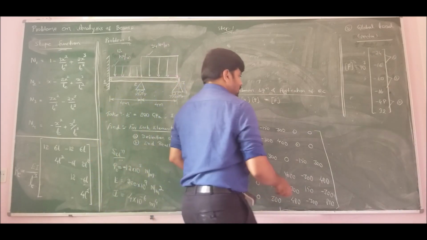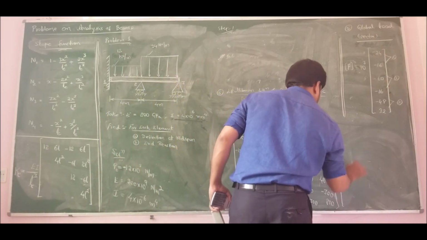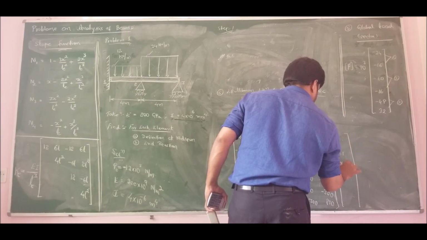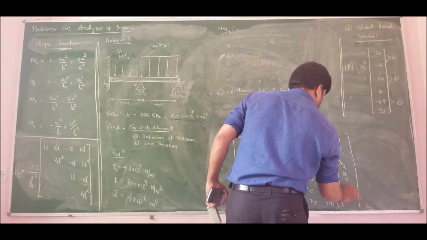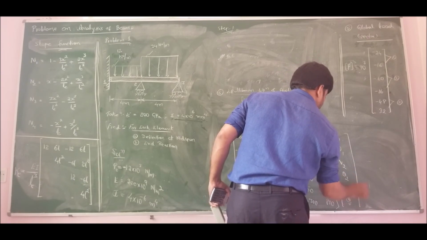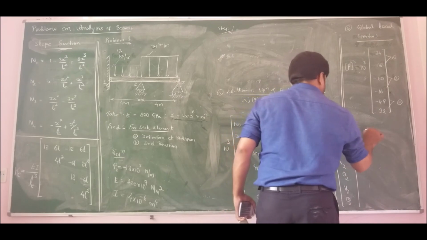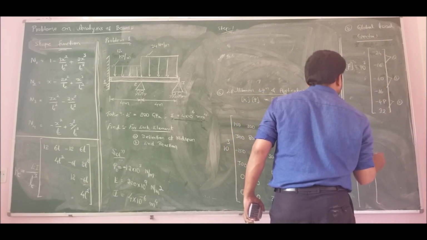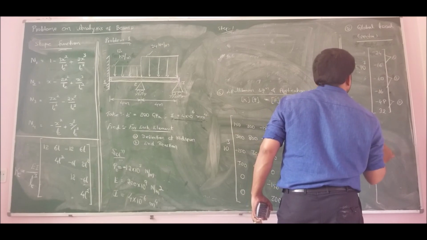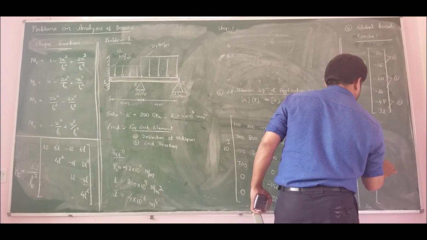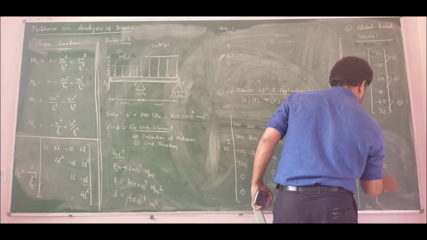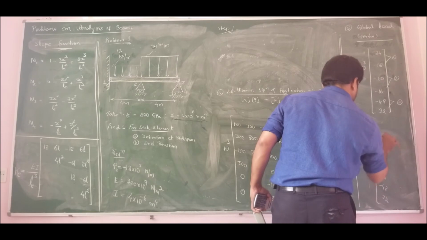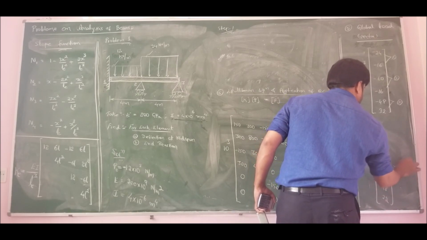K matrix into Q matrix, which is the variables that I should compute: V1, theta 1, V2, theta 2, V3, theta 3, is equal to F. The global load vector I just determined is minus 24, minus 16, minus 60, minus 16, minus 48 and plus 32 multiplied by 10 raised to 3.